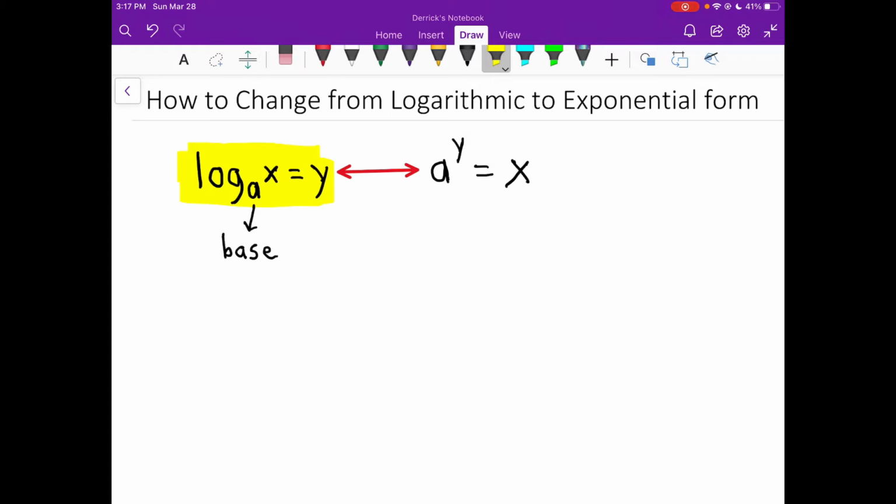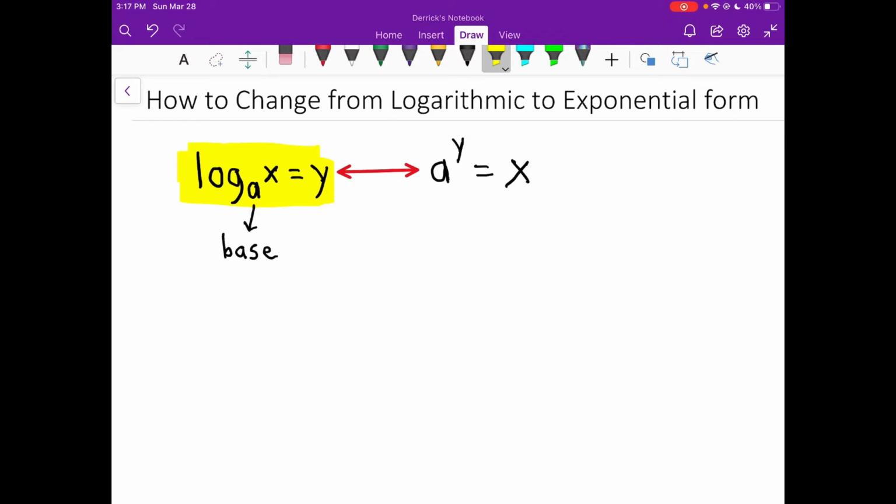Then you want to state what you're actually taking the log of, which is what x is representing. And then of course you just say what it ends up equaling. So again, log base A of x equals y.